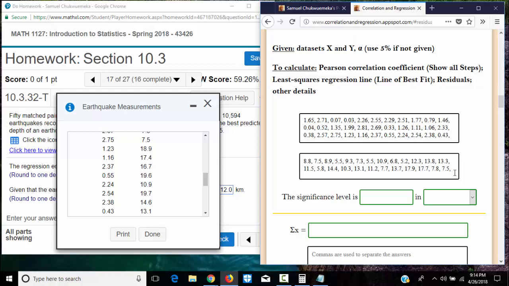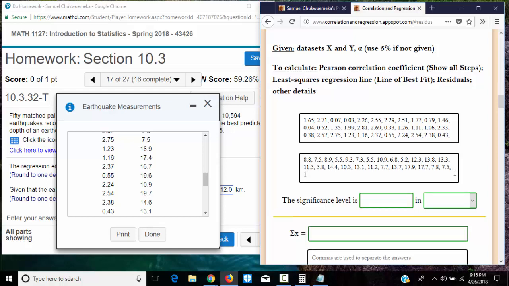Here we have 18.9, 17.4, 16.7, 19.6, 10.9, 10.9, 19.7, 14.6, 13.1.